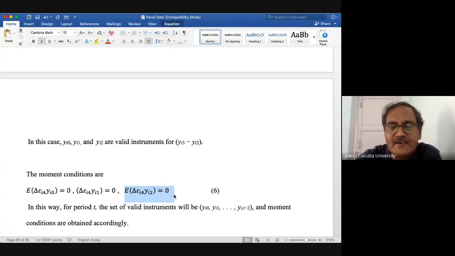So for t is equal to 4, you have how many instruments? Three instruments: yi0, yi1, yi2. If you generalize this process for t periods, how many instruments can you get?